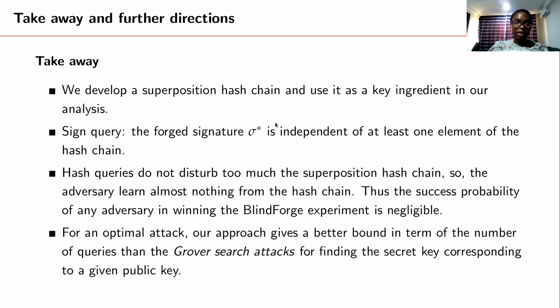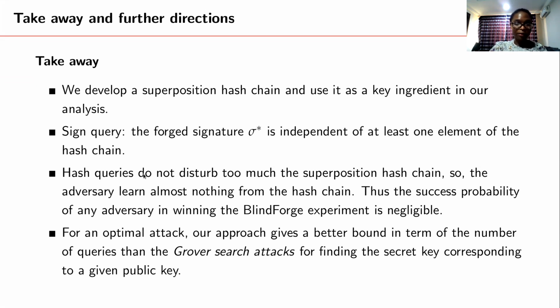Then we show that in the case where an adversary is only given access to the blind signing oracle, the first signature sigma is independent of the hash chain. So the adversary cannot learn much information to provide a valid forged signature. So in that case, the success probability of any adversary is negligible.